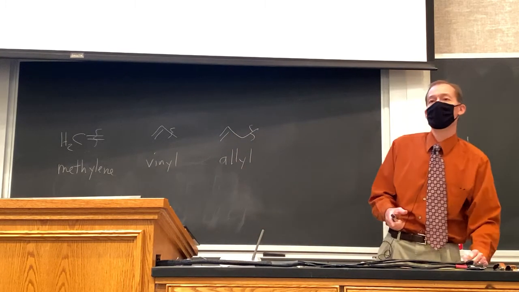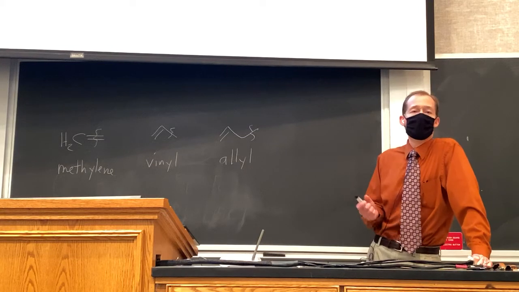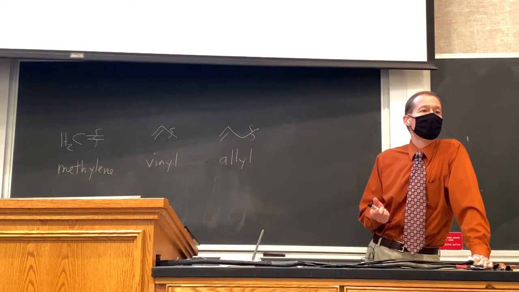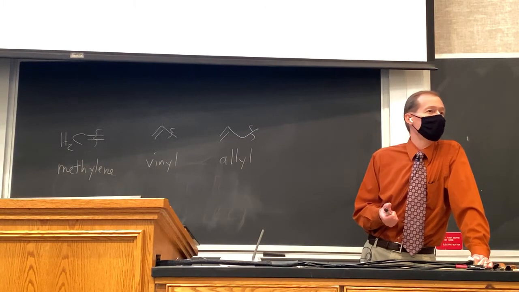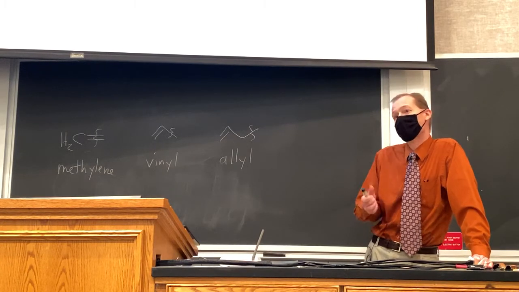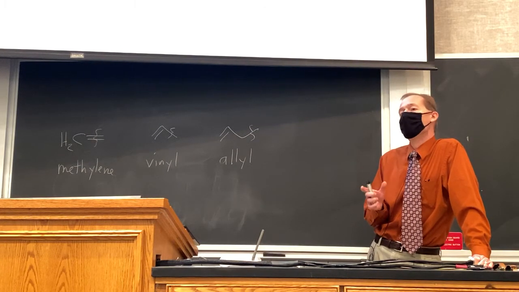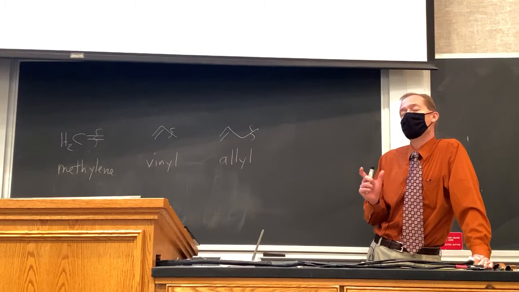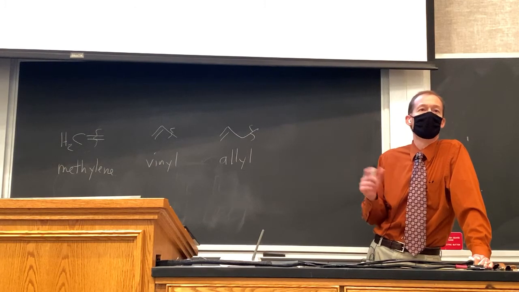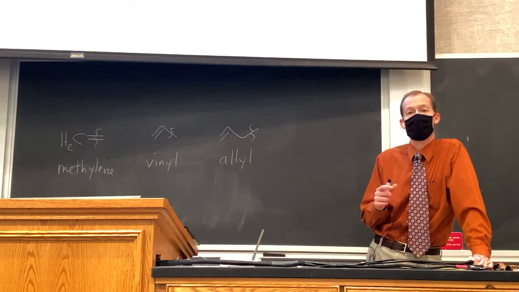And that's derived from the fact that sp2 carbons are slightly more electronegative than sp3 carbons. And so the sigma bond between an sp2 carbon and an sp3 carbon is slightly polarized towards the sp2 carbon.